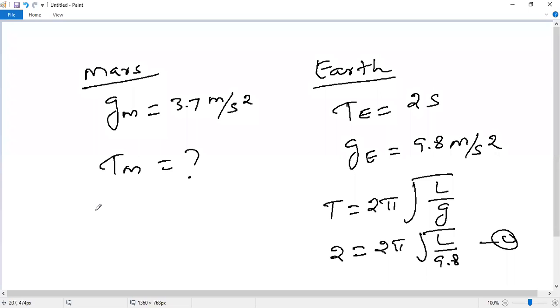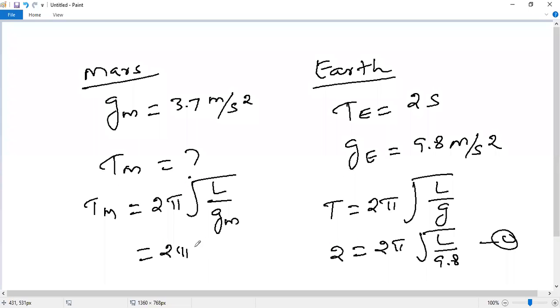Now for the Mars, Tm is equal to 2 pi root of L divided by Gm. That is 2 pi root of L divided by 3.7, it is Tm.